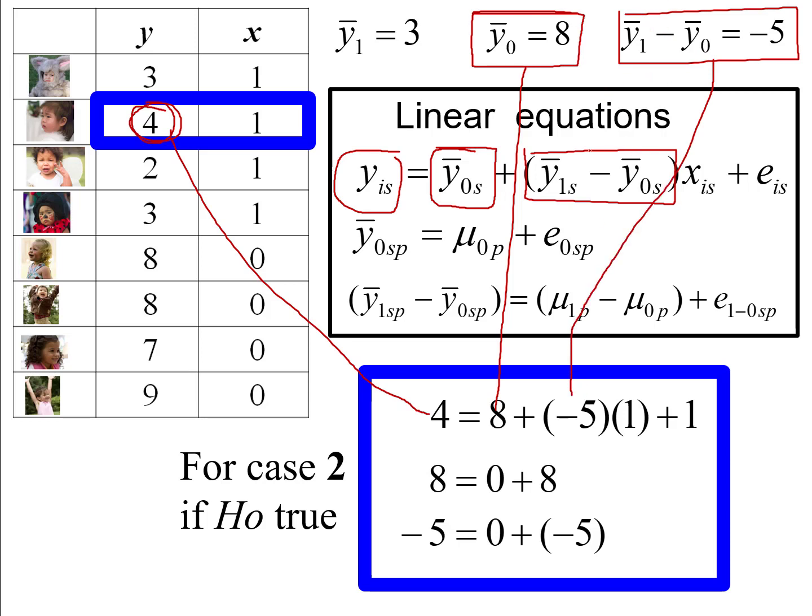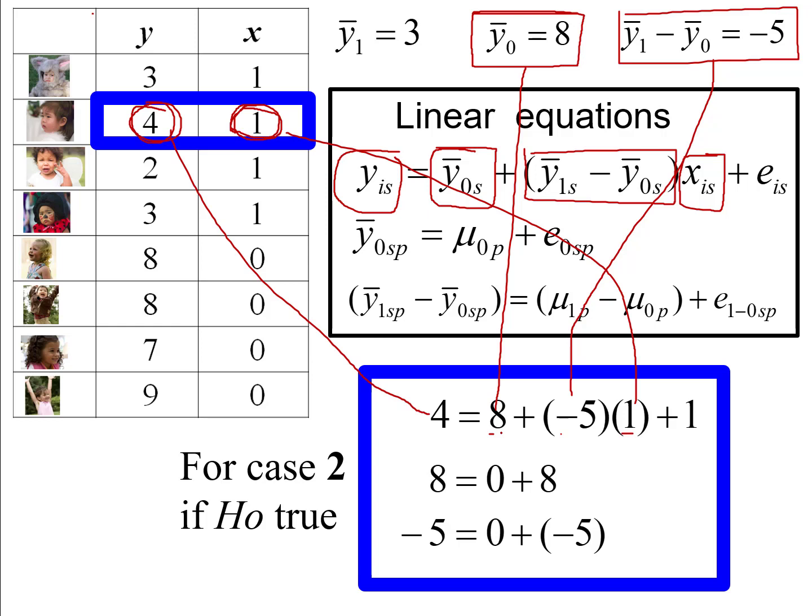And then I'm going to take that difference between two means and multiply it by the score on x for individual I in sample S. So we're looking at case number 2, and her score on x is a 1. She's in the treatment group, and everyone in the treatment group has a score of 1 for variable x. So I'm going to put a 1 there. And so then I can say, what is 8 plus -5 times 1, and get her predicted score.